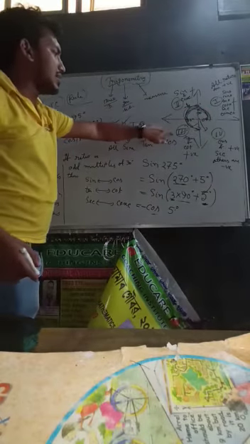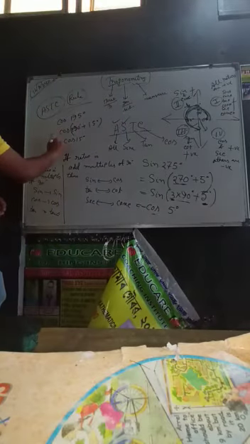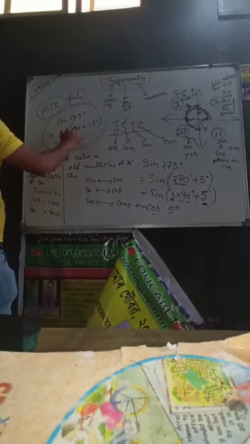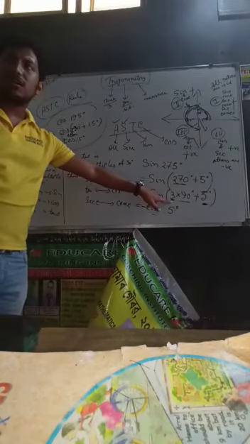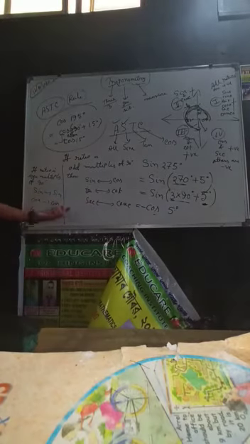In the third quadrant, only tan and cot are positive, others are negative, so minus cos 15. So this is the even multiple. That's why it does not change. And if it is odd, sine is replaced by cos according to these two rules.